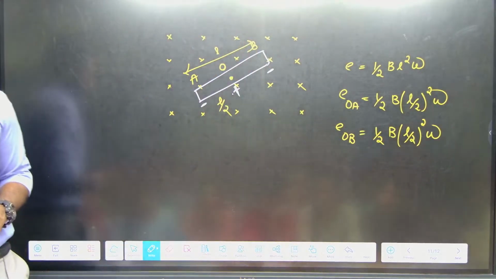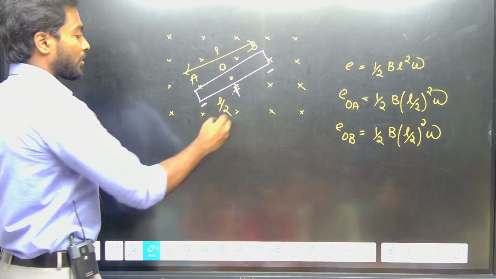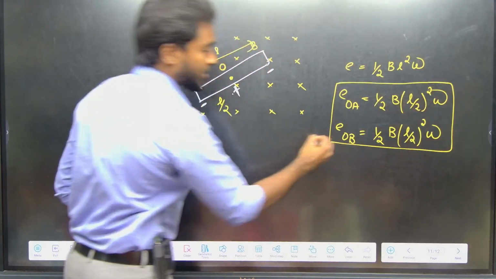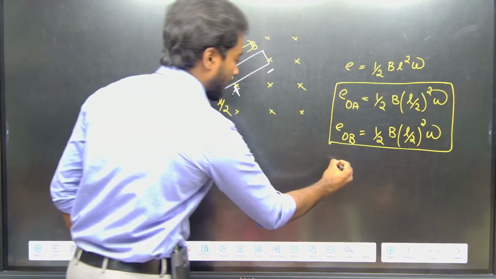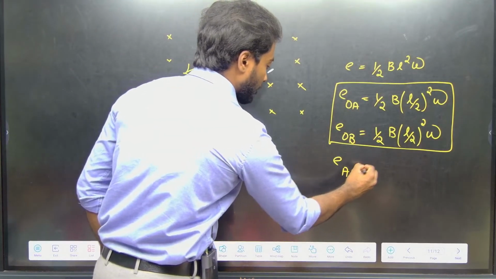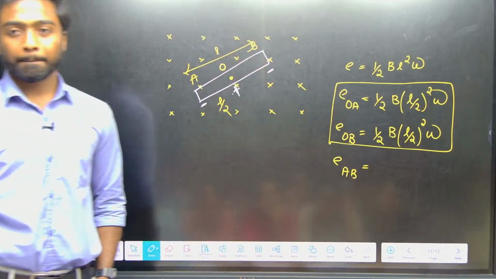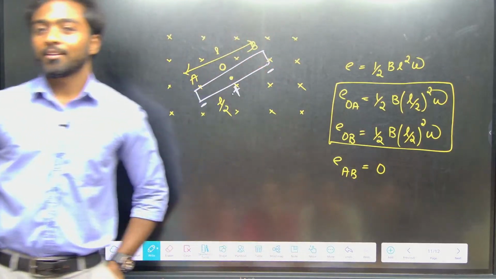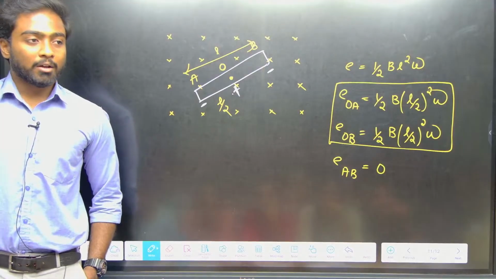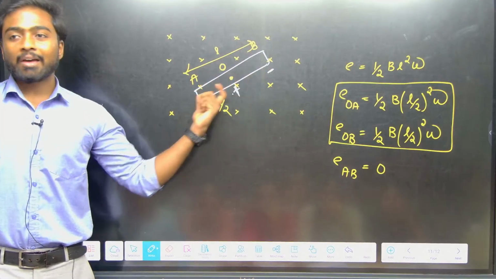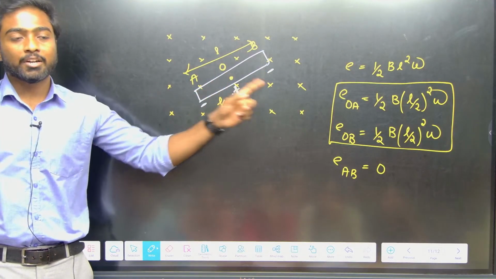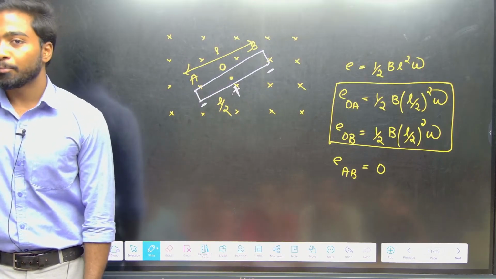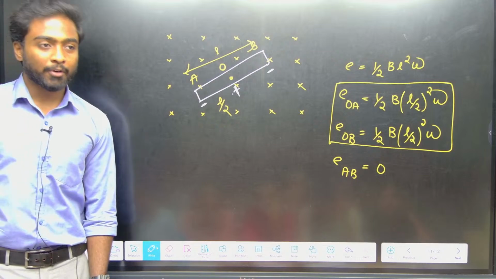Now if I talk about the total induced EMF, which is E_AB, it is 0, because both have the same potential. The potential difference will be 0.